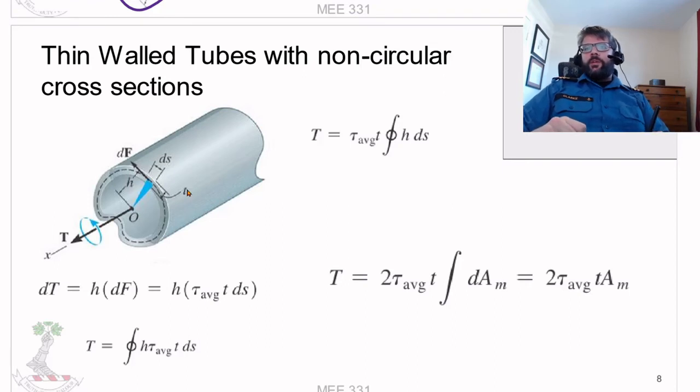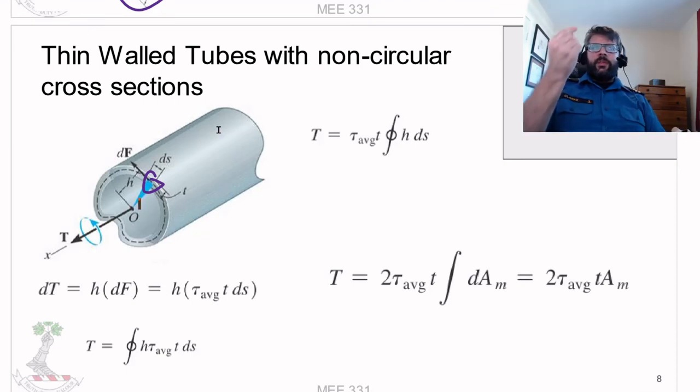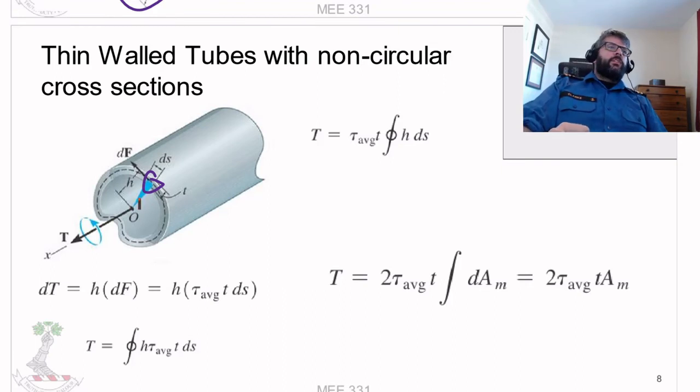If we take a section on the circumference and look at a tiny little bit here, ds is the width component, because the thickness is the through thickness, that t. ds times t is the area of the tiny bit we're looking at, and that times the stress is going to be the force component.